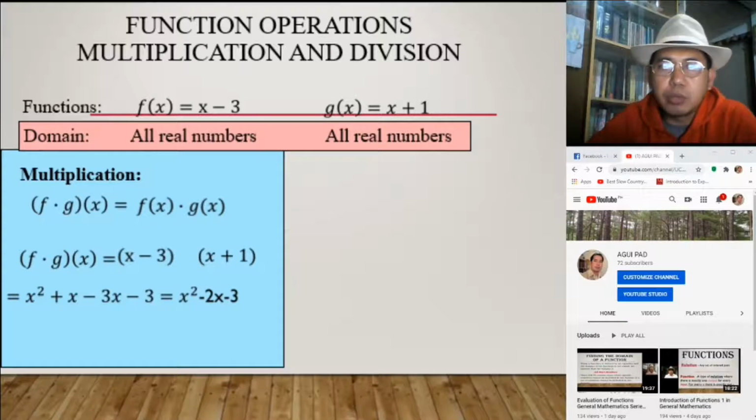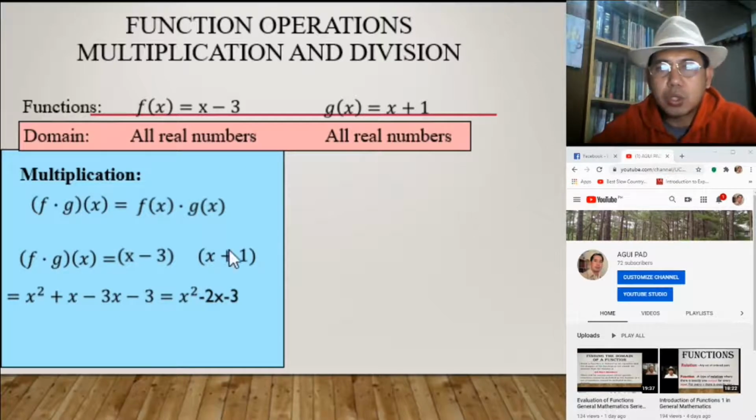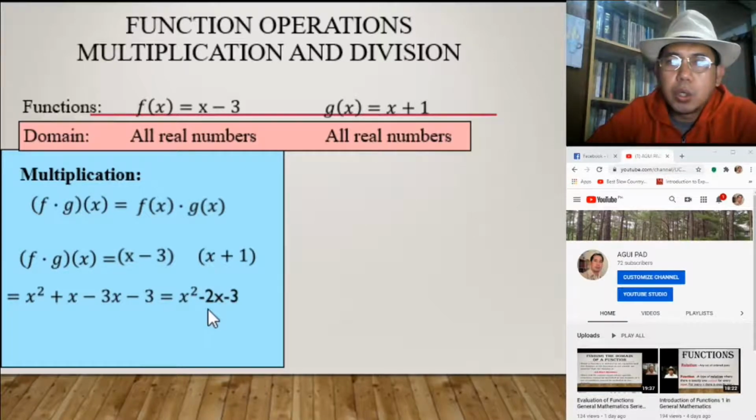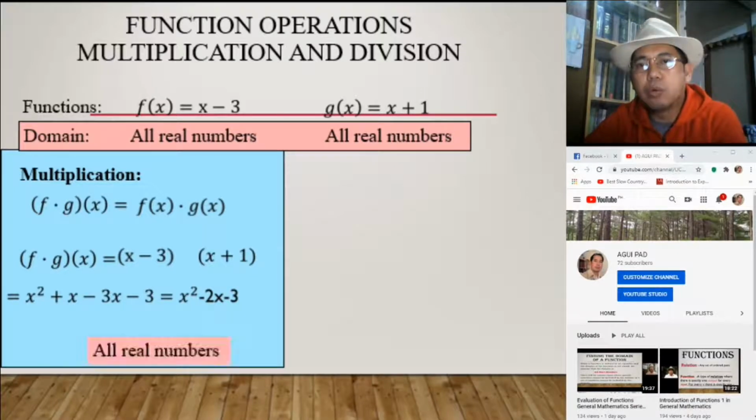There is none, so it will give you negative 3. What is the final result? X raised to 2 minus 2x minus 3. Now, what would be the domain? Again, the domain is all real numbers.